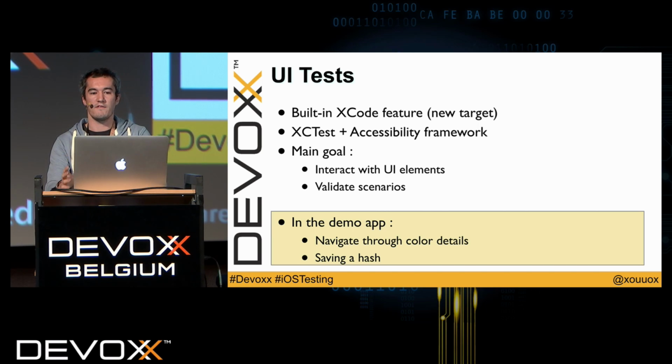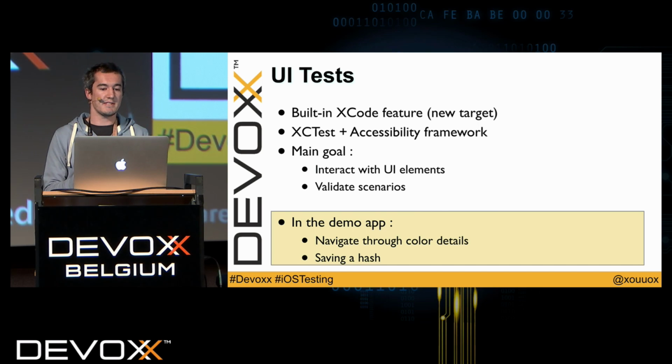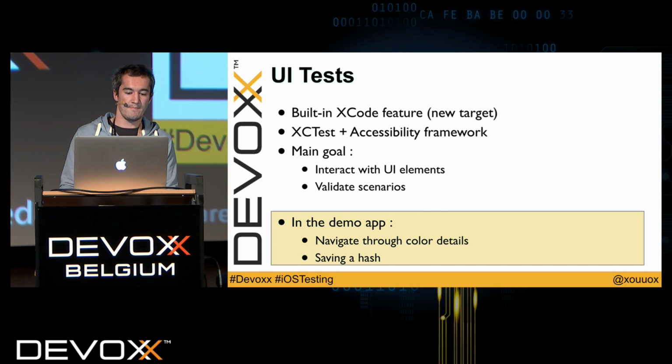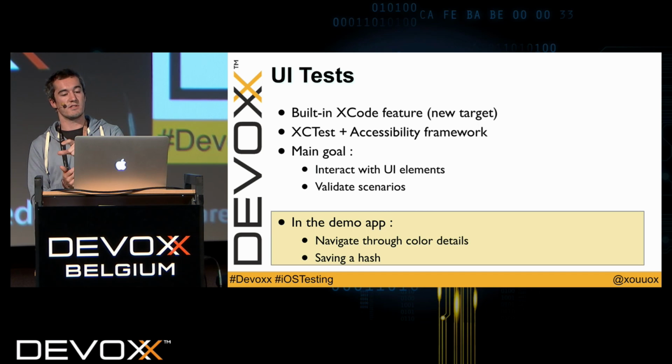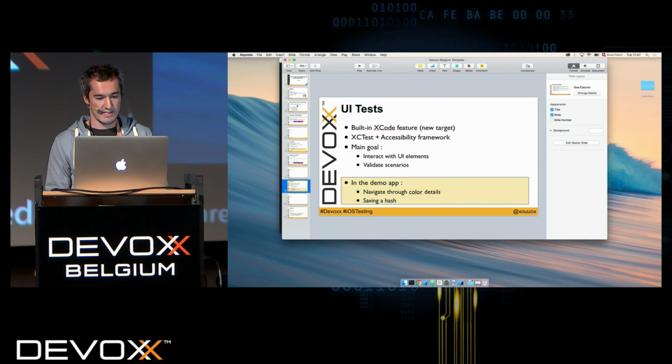The main goal of the UI test is to interact with UI elements. For example, we want to check whether or not a button is hittable. Is it enabled? Can I click on it? And of course, we can validate scenarios. For example, in our demo app, we can add a hash and see if the hash is on the list, or we can add a hash and see the color detail. So we are going to do that.